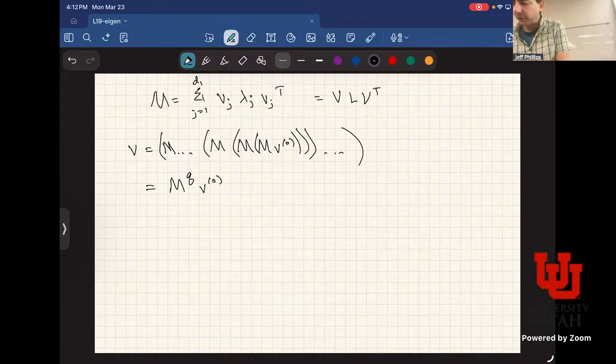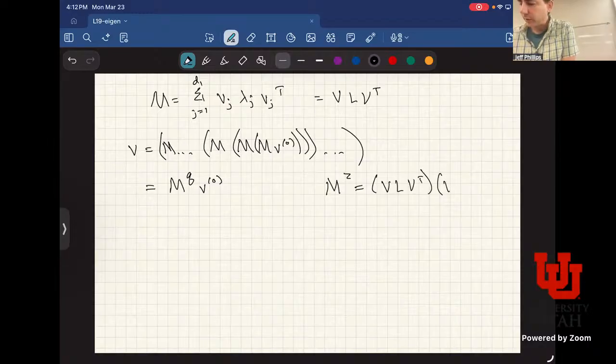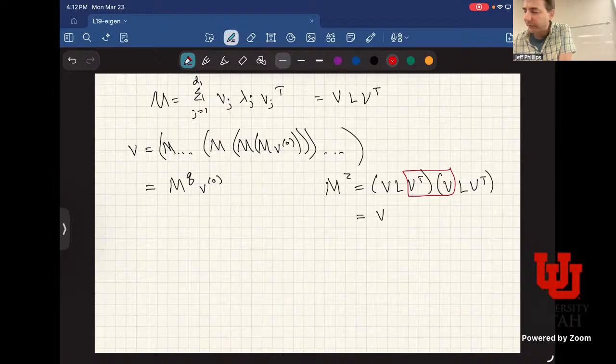Okay. Let's look at what M squared is here. Remember, M squared, I can use my eigen decomposition. This is what M squared is, okay? But remember, I can now cancel this inner part here.